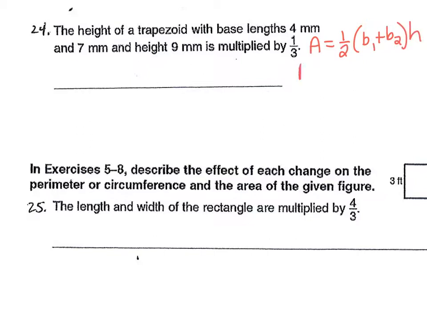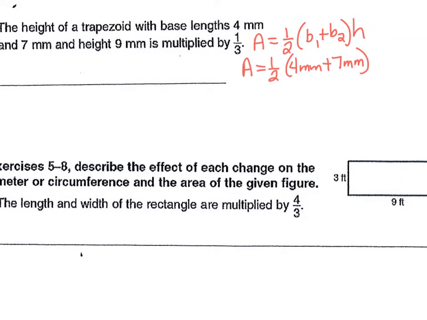So the area of the original figure would be 1/2 times 4 millimeters plus 7 millimeters, and then times the height, which is 9. And then we'll simplify that. 7 plus 4 is 11, times 9 is 99 over 2, right? Yes, because it's half of that. And this is in square millimeters.